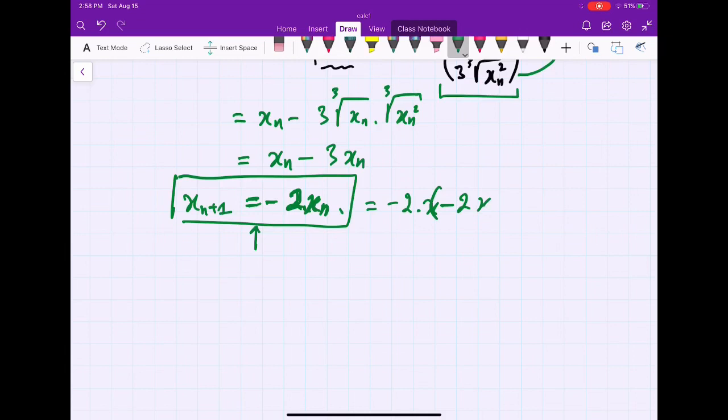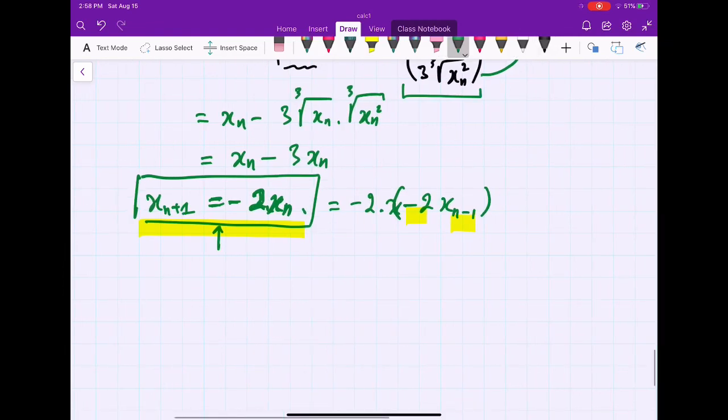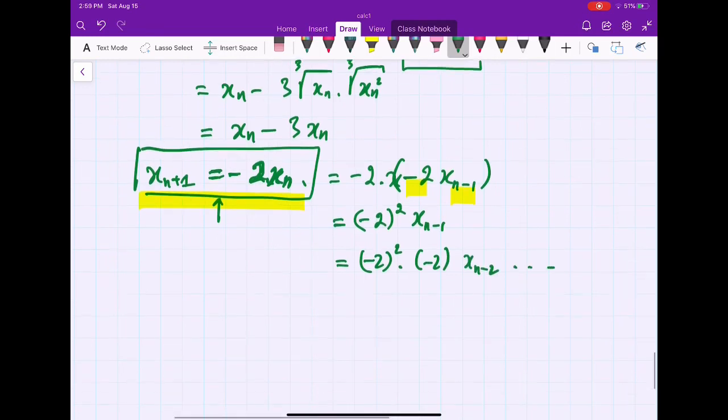Of x(n-1). Is that correct? Because if you apply the same formula for n, you just go back from xn to x(n-1), and here multiply by negative 2. Then this is equal to negative 2 squared x(n-1). And then you continue this, you get negative 2 squared times negative 2 x(n-2). And so on. Does that make sense?